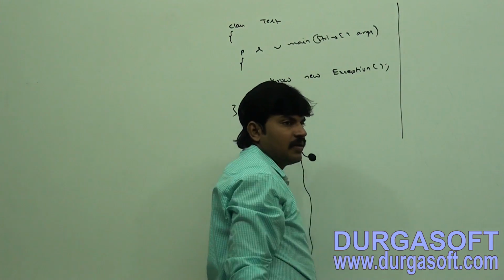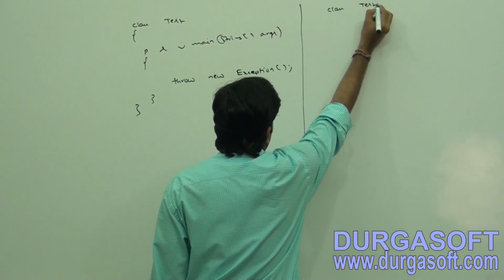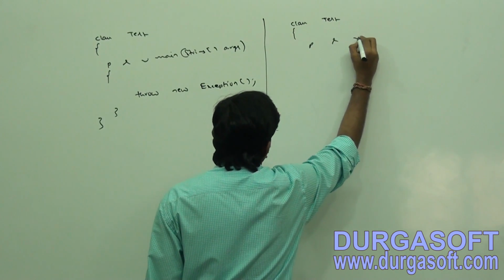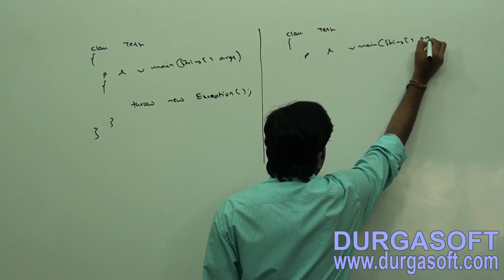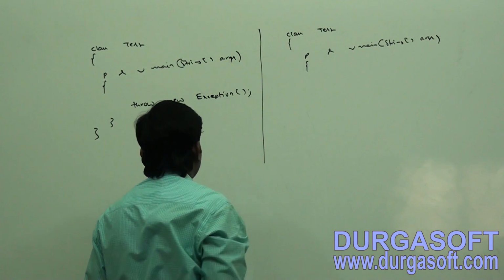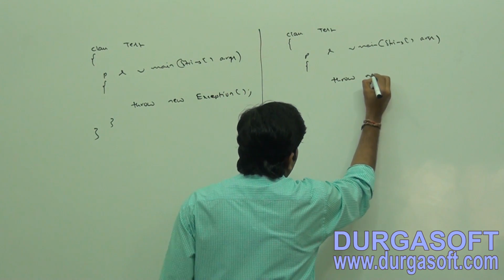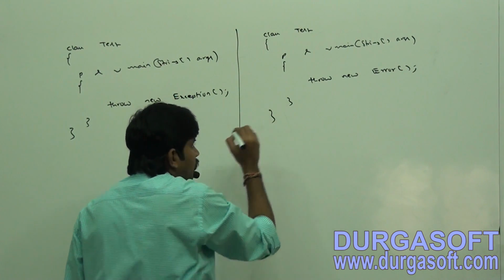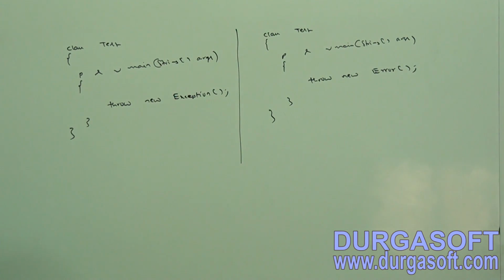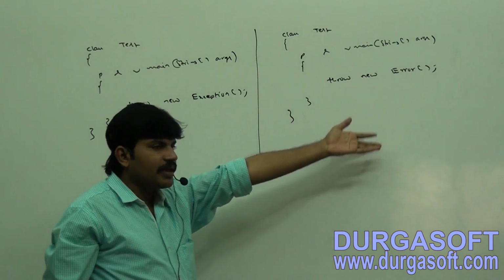Now class Test, public static void main(String[] args) { throw new Error(); }. Sir, in one place I'm throwing an exception, but in another place I am throwing an error.